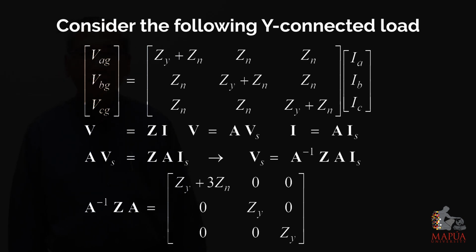If I multiply an A matrix to this equation, I can have VS on the left side of our equation as the sequence voltages, equal to, on the right side, a sequence current.